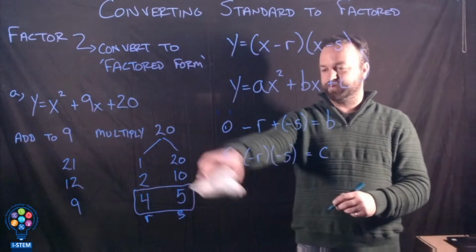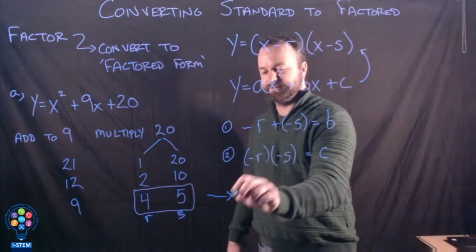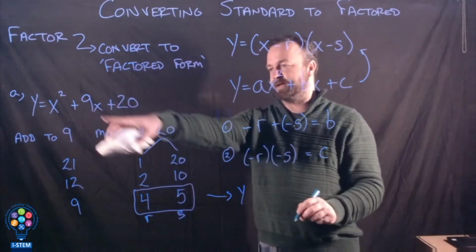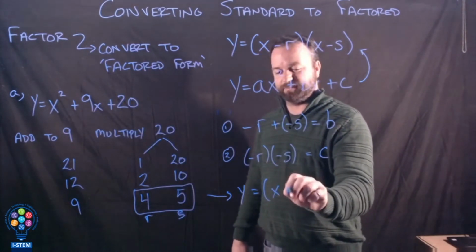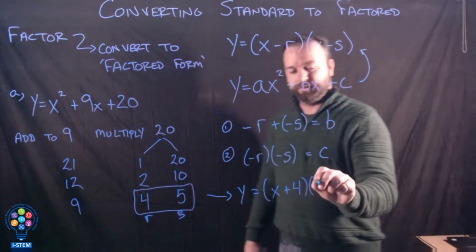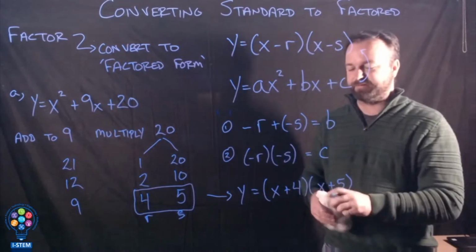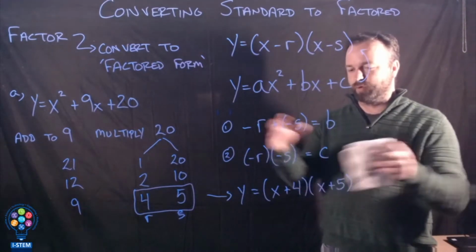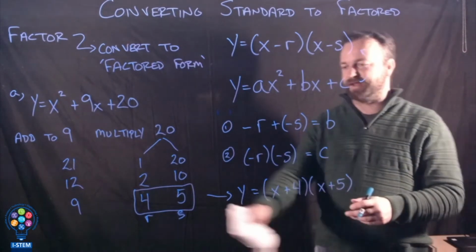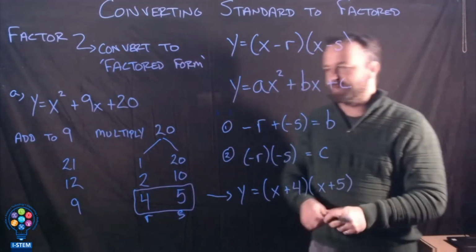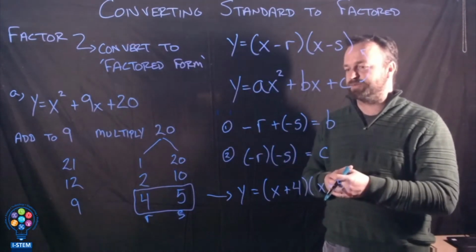And so if I'm using 4 and 5 as my two values for r and s, well, now I can rewrite this equation as x plus 4 times x plus 5. So I've just taken those two numbers I found and I've broken it out into its two factors of x plus 4 and x plus 5. And I found those numbers by thinking about what two numbers add to 9 and multiply to 20.